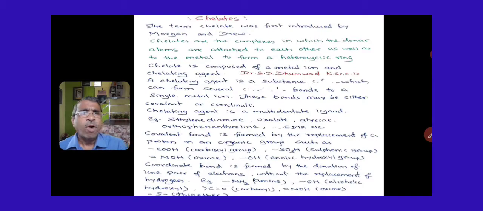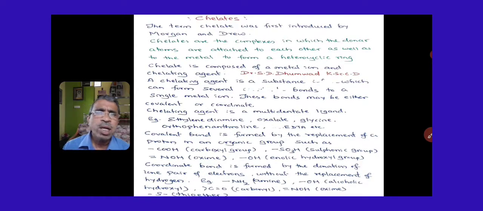Covalent bond is formed by the replacement of a proton in an organic group such as carboxylic group, sulfonic group, the oxime group, enolic hydroxyl group. And in such cases, the proton is removed and a covalent bond is formed between the metal ion and a donor atom.